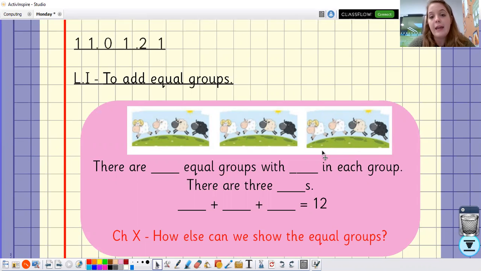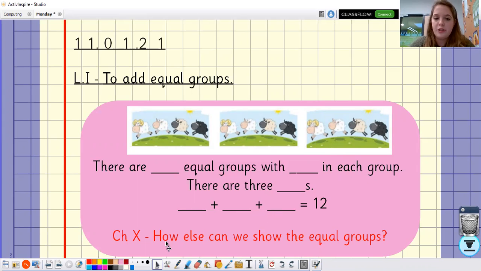There are 3 blank. Okay, and we know that we need to add 3 numbers together. And we know that the total is 12 because we've been given the answer there. So which number are we adding in our repeated addition number sentence?